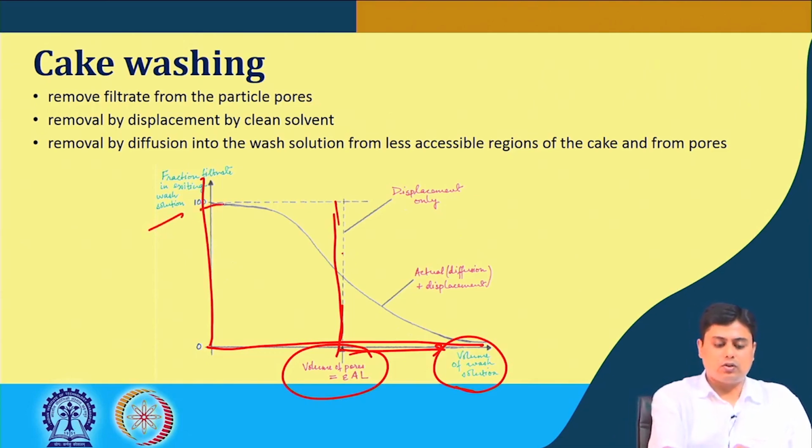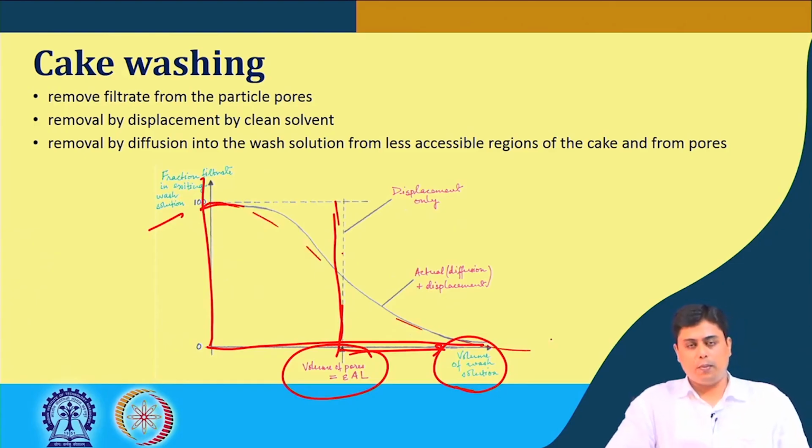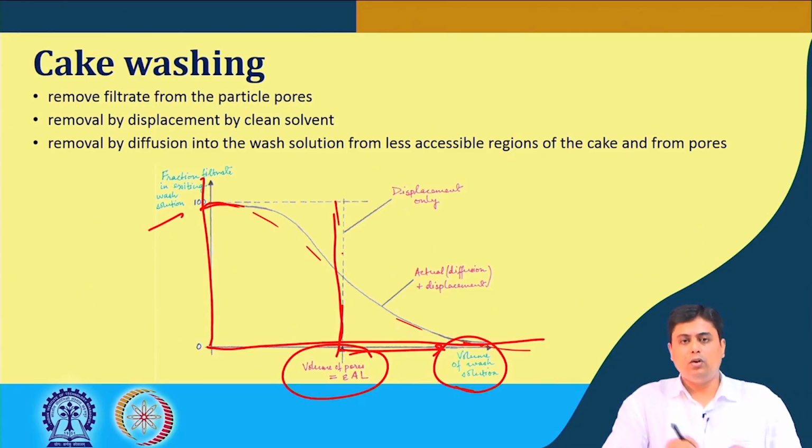Typically it starts at 100% and then decreases to a certain value. Once such a plateau is reached, we consider the cake to have been washed thoroughly, and then drying or evaporation or other steps can be done to recover the solid.